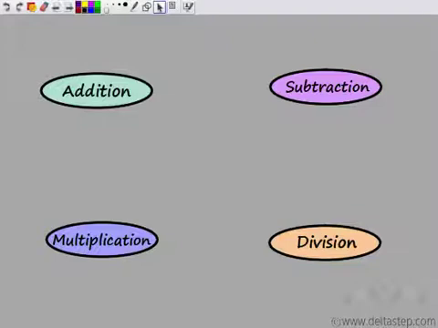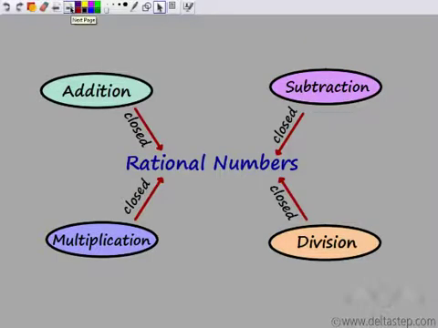But when we moved on to division, we've seen that division could not be expressed. Every time, division was not able to express the result through an integer. So what we did is, we included the fractions with the integers and we called these numbers rational numbers.